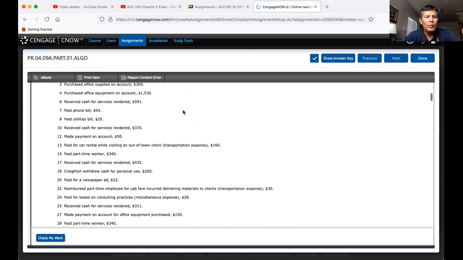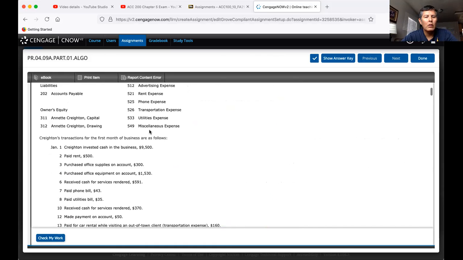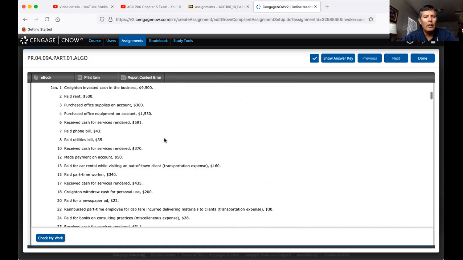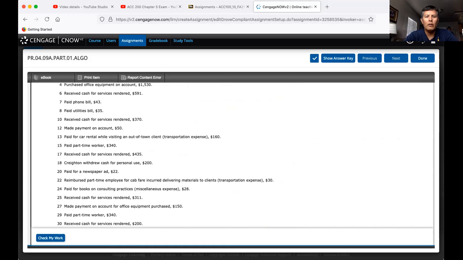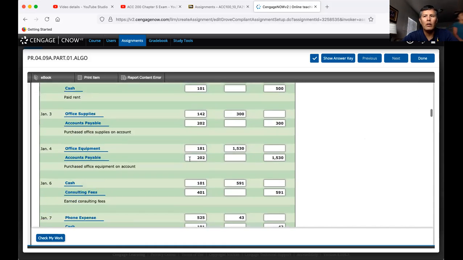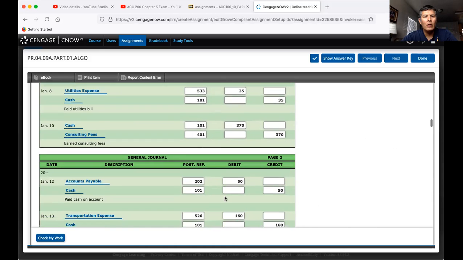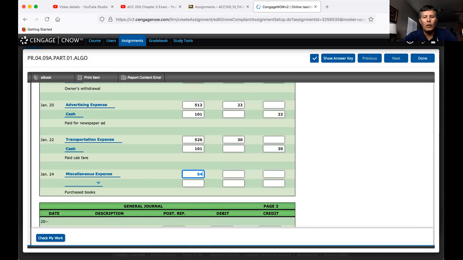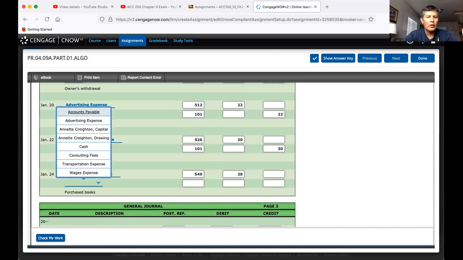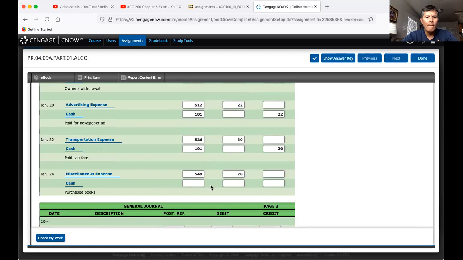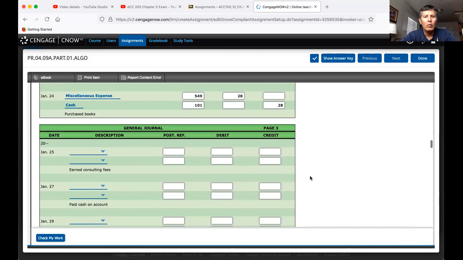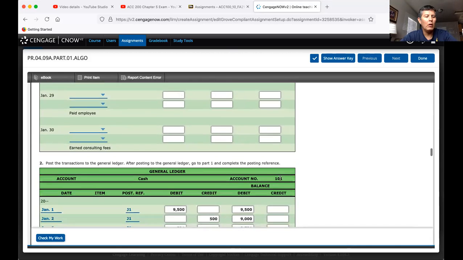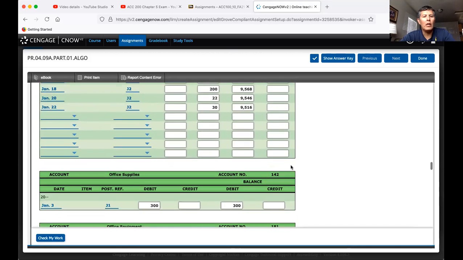For 28, but I need the miscellaneous expense account of 549, and that was for $28. Okay, this comes off of cash, 101, 28. All right, so moving right along, and let's go to our cash account.